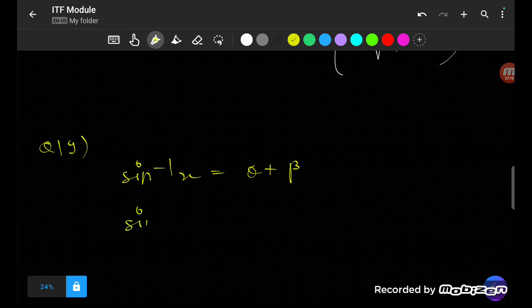And sine inverse y equals theta minus beta.